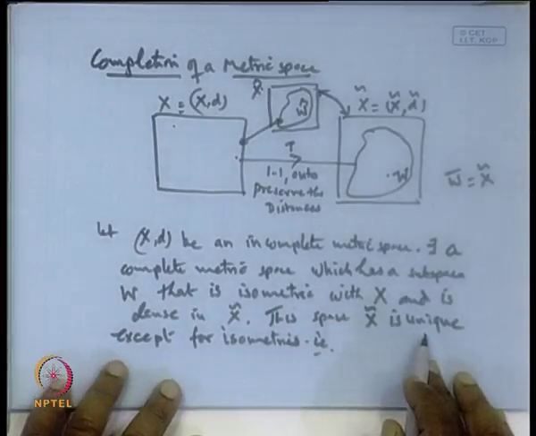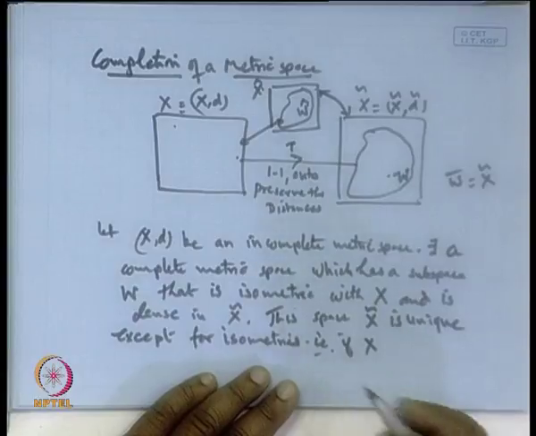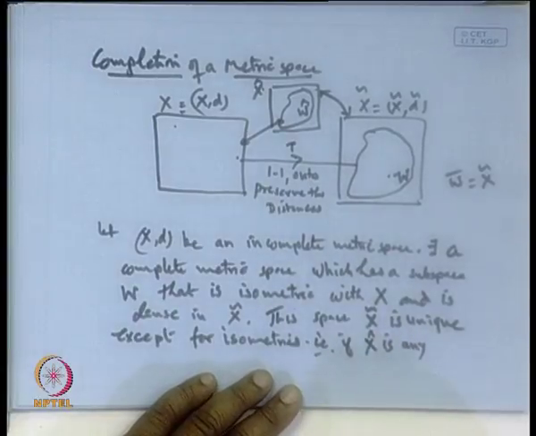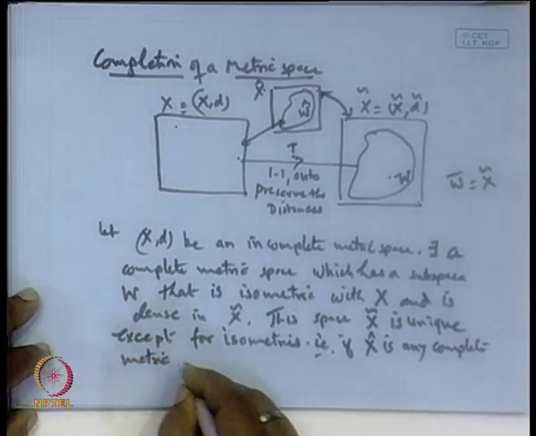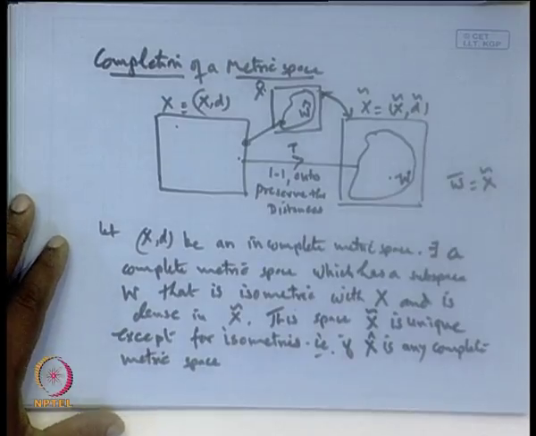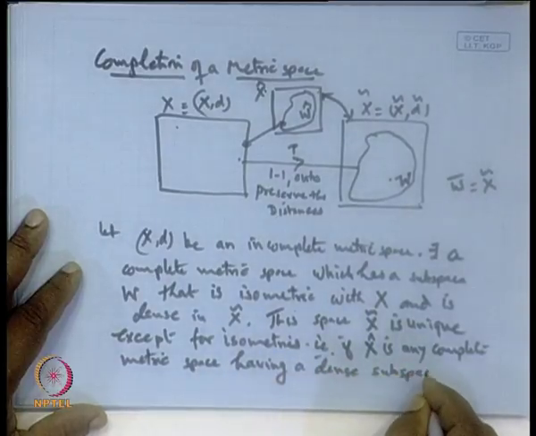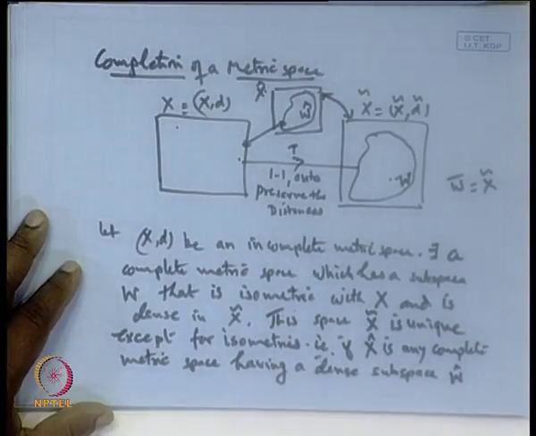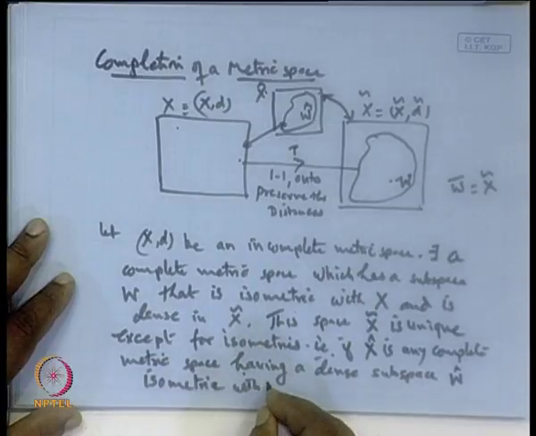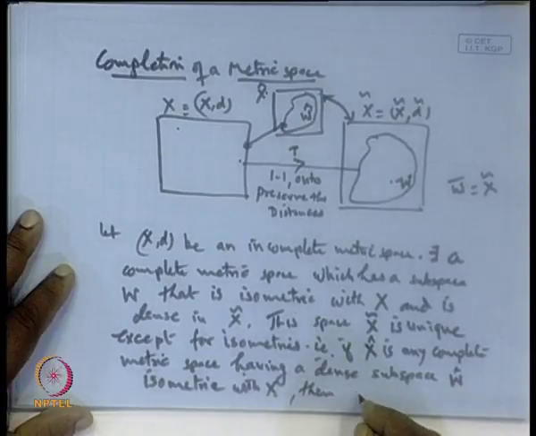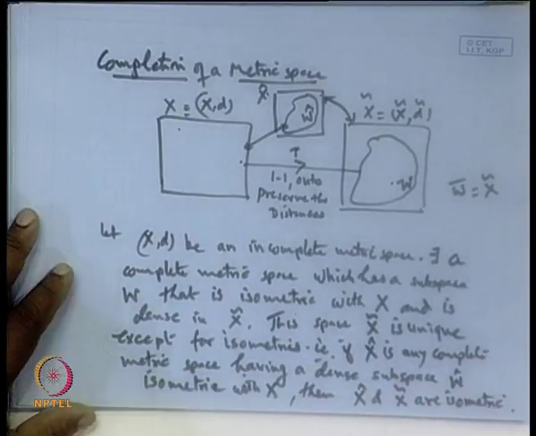So, we can say this space X hat is unique except for isometry, that is, if X hat is any complete metric space having a dense subspace W hat isometric with X, then X hat and X delta are isometric. That is the meaning of this.